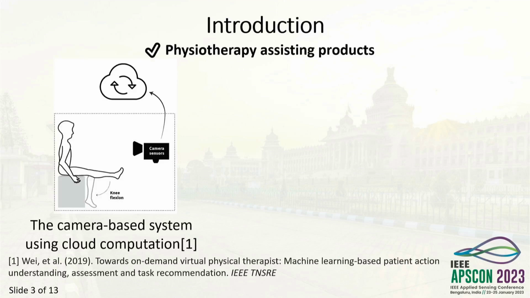The camera sensors capture the human motion, and the data collected is continuously uploaded on the cloud, which runs high computational algorithms and neural networks to understand the motion done by the patient, classify the exercise done by the patient, and then the information goes to the therapist.